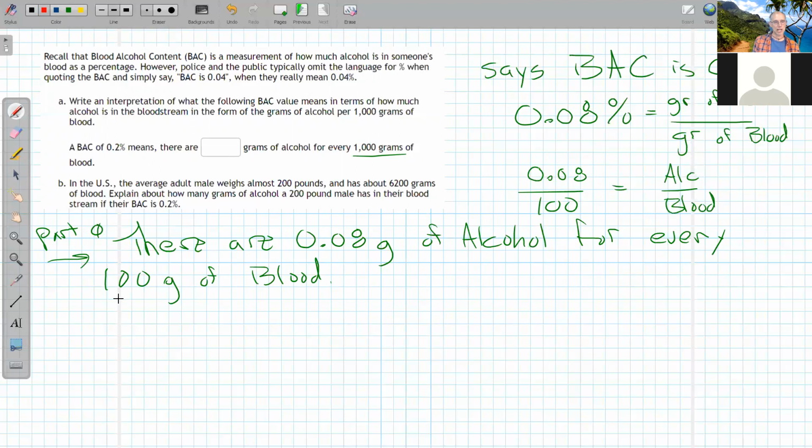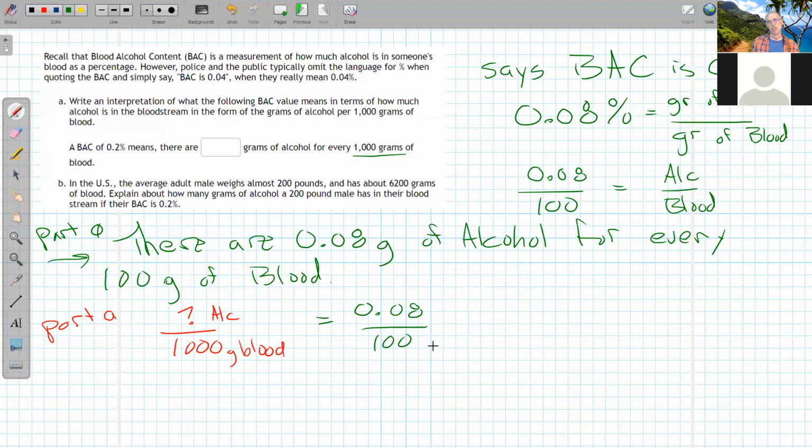So for part A, I'm asked, what is the alcohol out of 1,000 grams of blood? And all I have to do is compare that to my fraction, which says a BAC of 0.08 would be 0.08 out of 100. Now, this person had a BAC of way higher than 0.08.